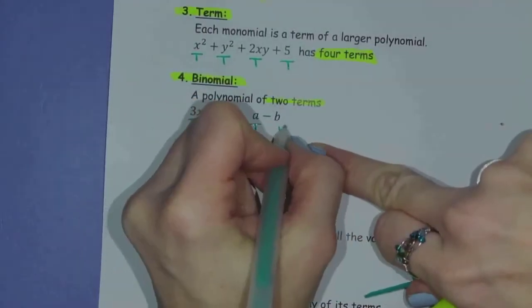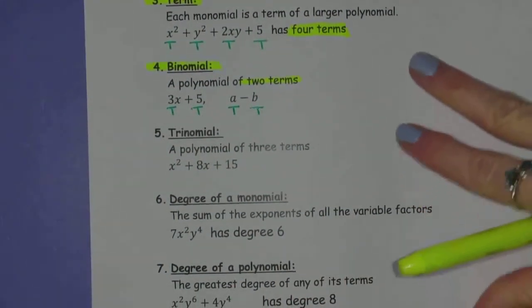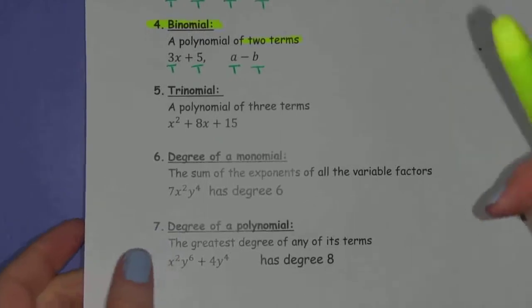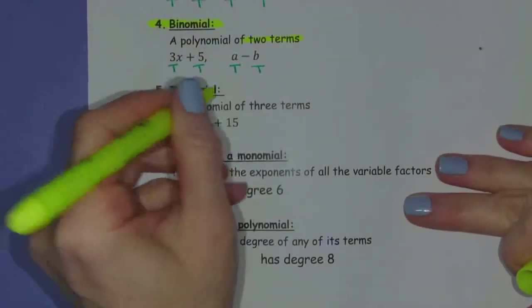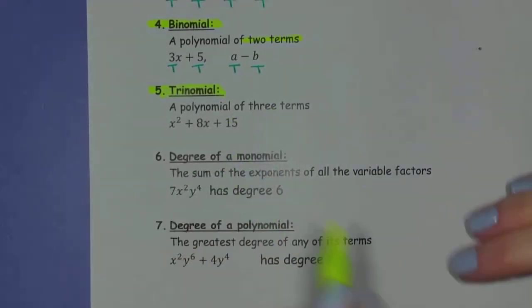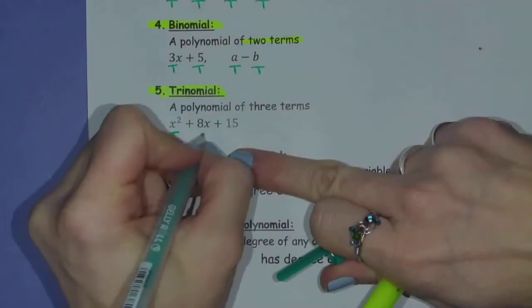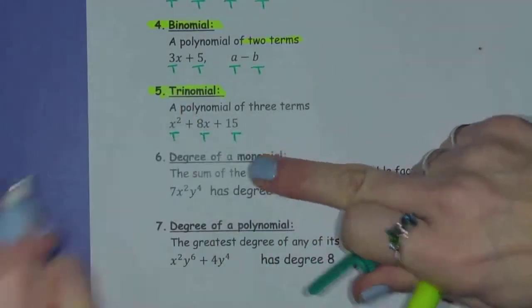This has 2, making it a binomial. So then I'm sure you can guess what trinomial means. Tri meaning 3, trinomial is a polynomial of 3 terms. So I have an example here, x squared plus 8x plus 15, 1, 2, 3.